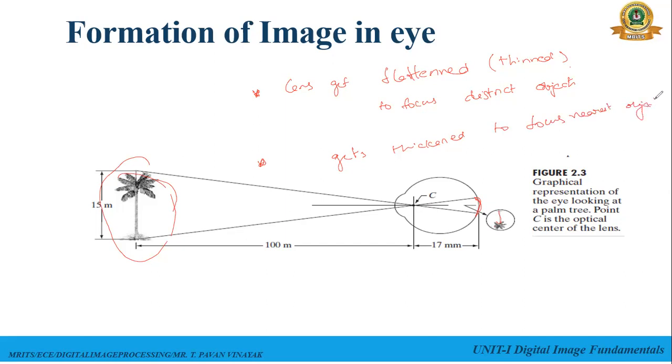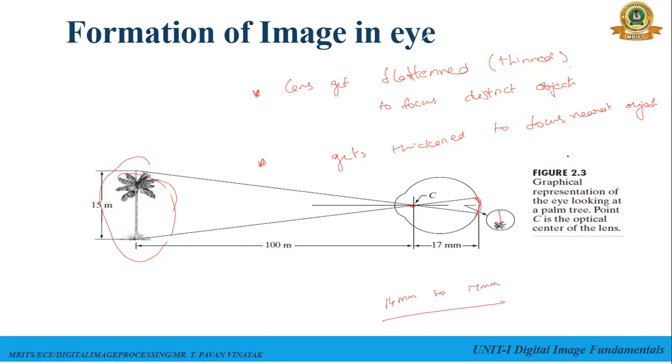Based on that, the focal length of the eye is varied between 14 millimeters to 17 millimeters.